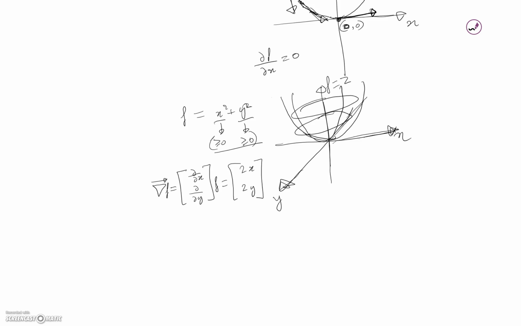So it's interesting to note that this is just 2 times x and y, which means that if you go to any point on this paraboloid and you want to find the gradient, all you need to do is draw the vector from the origin to this point, which will be x comma y by definition, scale it by 2, and you will get the gradient.